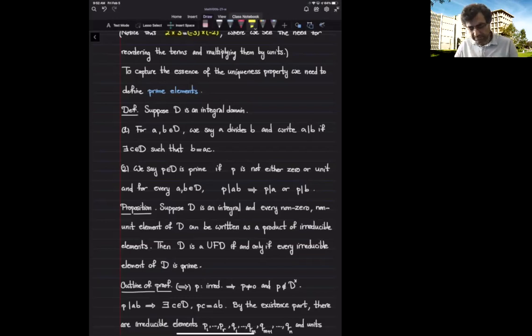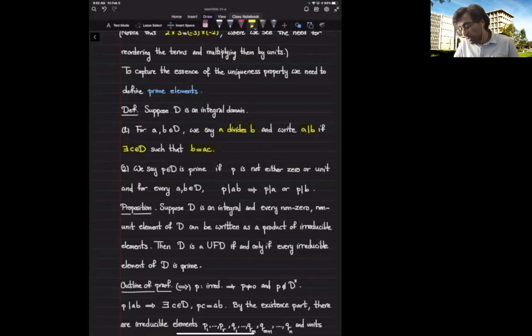We say an element a divides an element b, and write it as a | b, when b is a multiple of a in the ring D. So if I can find some element of the ring, which I denote by c, such that b is a times c, in that case we say a divides b.